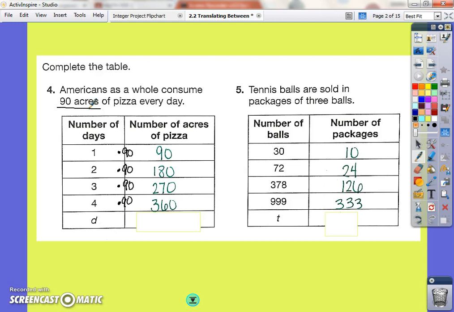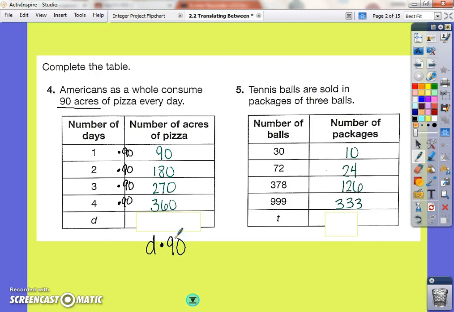So, by looking at the pattern, we could tell that however number of days there are, the days could be 10, 100, whatever, all we have to do is multiply it by 90 to figure out the number of acres of pizza. Well, in that case, we can write an expression of D times 90.